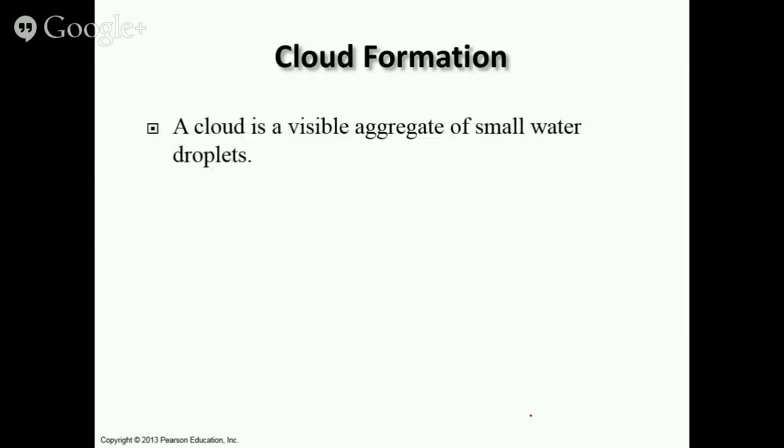Cloud formation is because of a condensation nuclei event. So what we're looking at is an aggregate of small water droplets. I want to really illustrate that because we do not have a good understanding of how small these types of things are. What we need for this to take place is condensation aloft.